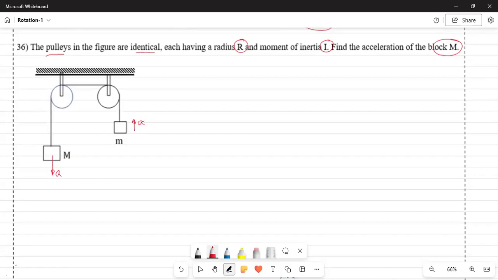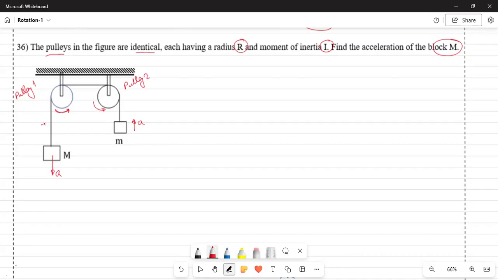Both these pulleys have some moment of inertia, so both pulleys are part of the system. Let us say this is pulley 1, and this is pulley 2. Since capital M is going downward, this pulley is rotating in anti-clockwise direction, and this pulley is also rotating in anti-clockwise direction.